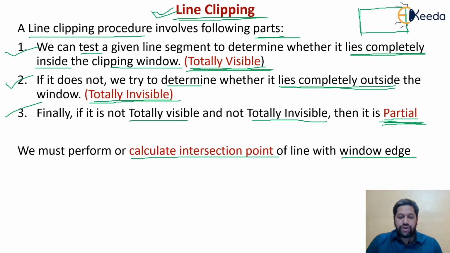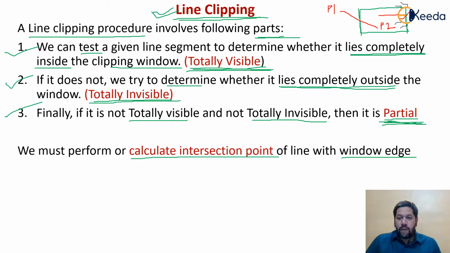Now I change the color, and this is my line, having two end points, P1 and P2. Is the line totally visible? No, it is not. It is totally visible if both endpoints are inside. A line like this is an example of a totally visible line.